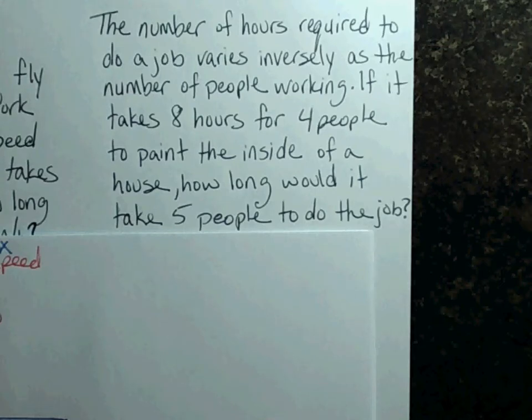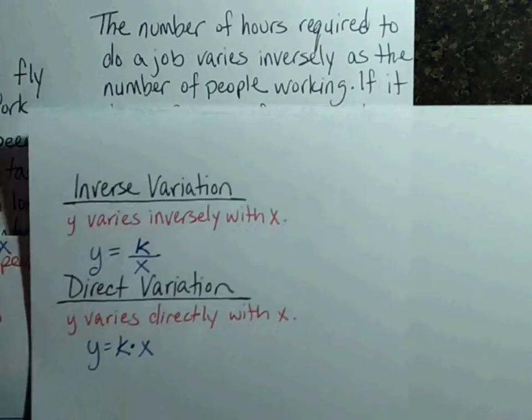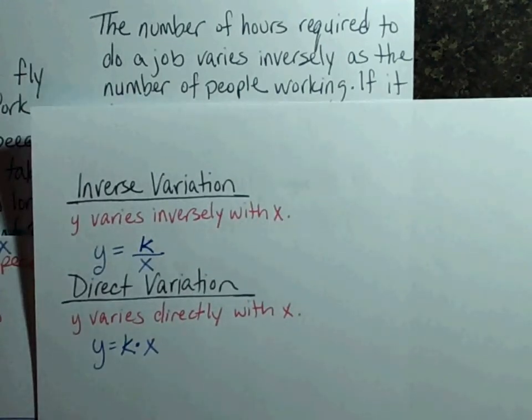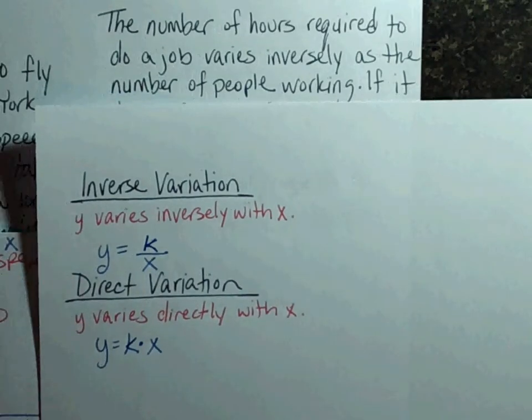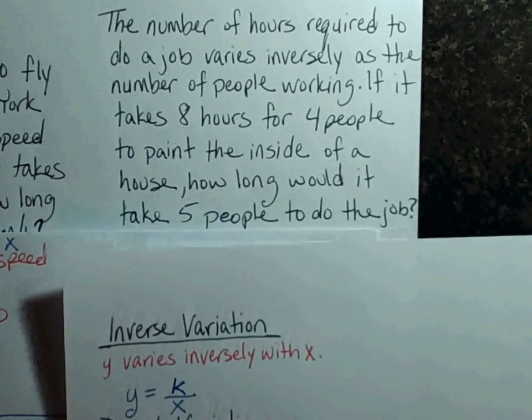If it takes 8 hours for 4 people to paint the inside of a house, how long would it take 5 people to do the job? Alright, gotta figure out life. Is it varying inversely or directly? Read the problem. You tell me.